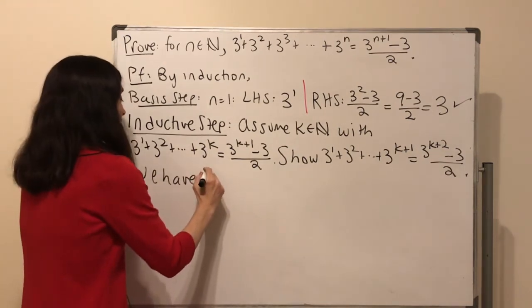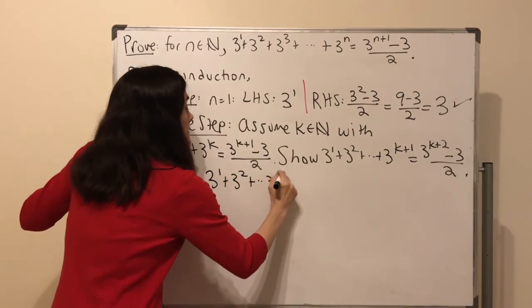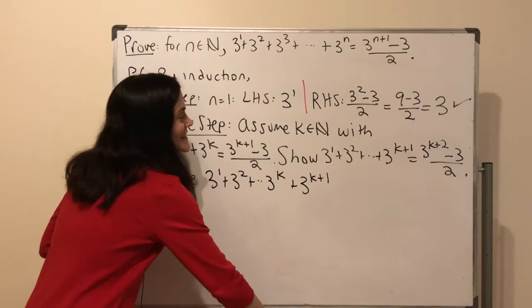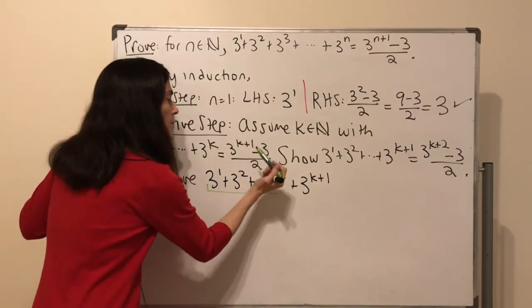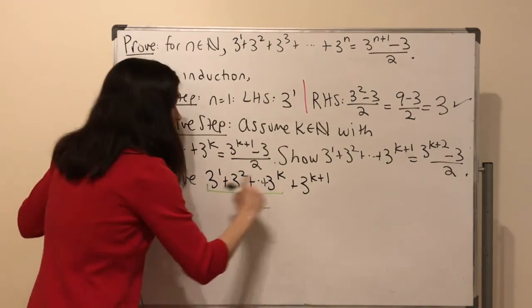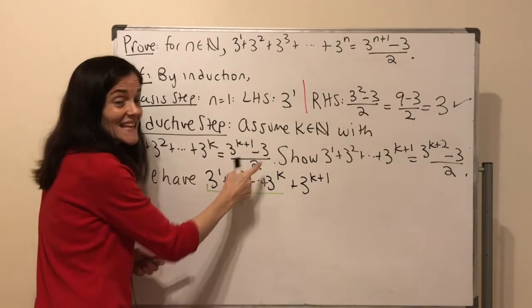Okay, so we have, I will write the kth and then k plus 1. And here is where we use the inductive hypothesis, as we have more than one time. Let's see, there's a plus here. The first k terms here, they equal this.